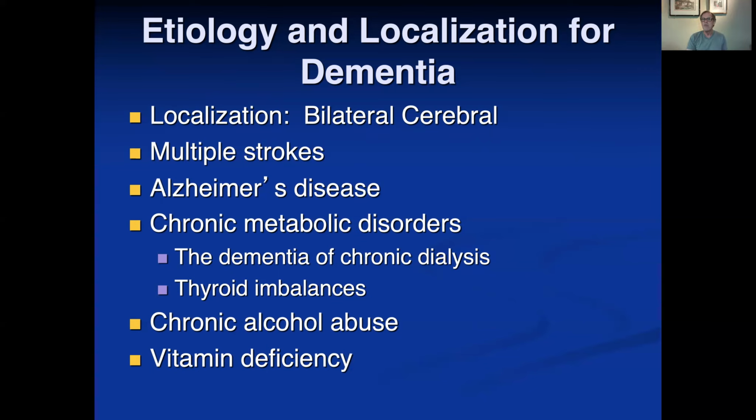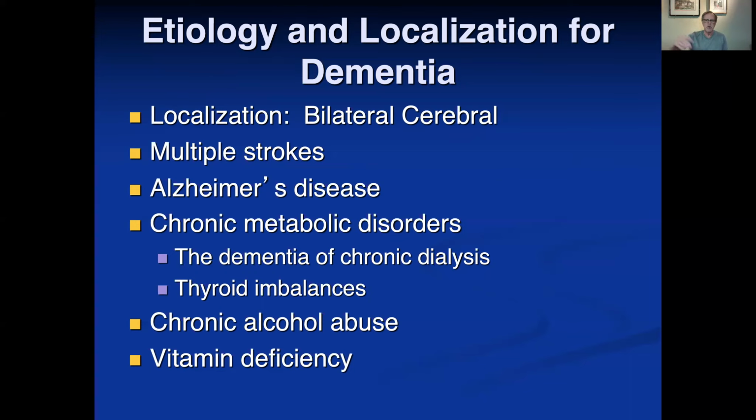The dementia of chronic dialysis: people who have dialysis because of kidney failure or renal failure are generally dialyzed 3 times a week. In between the dialysis, the toxins in their blood go up, and toxins are not good for the brain. And so they will begin to be tired and not as cognitively alert in between.